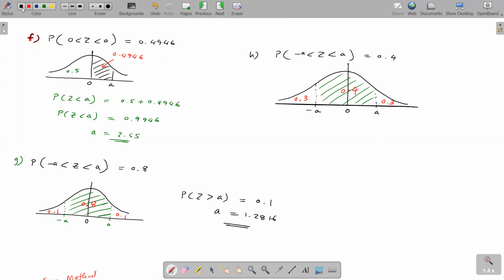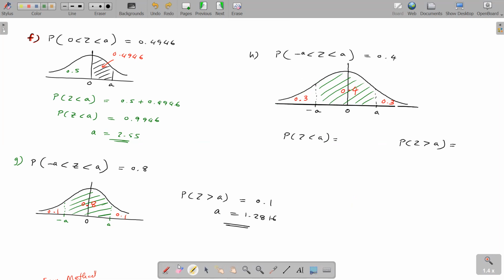So then you have a decision now. You can either go with Z smaller than positive A or you can go with probability Z greater than positive A. If you use Z smaller than positive A, then you go with the first table. If you go with probability Z greater than positive A, you go with the second table. If you go Z smaller than positive A, it's this area: 0.4 plus 0.3, 0.7.